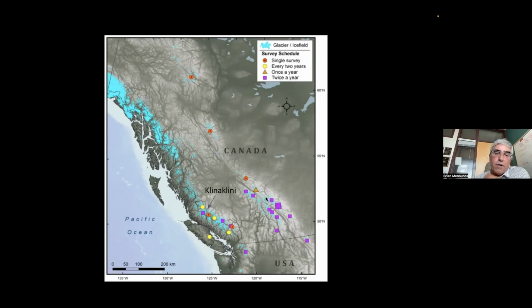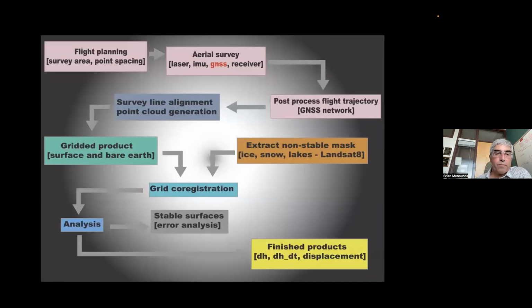These are typical areas that we fly once or twice a year. And in some cases, we fly one particular glacier about 10 times a year. And the reason we do that is to come up with monthly estimates of melt that we can use to calibrate physically based models of glacier mass balance.